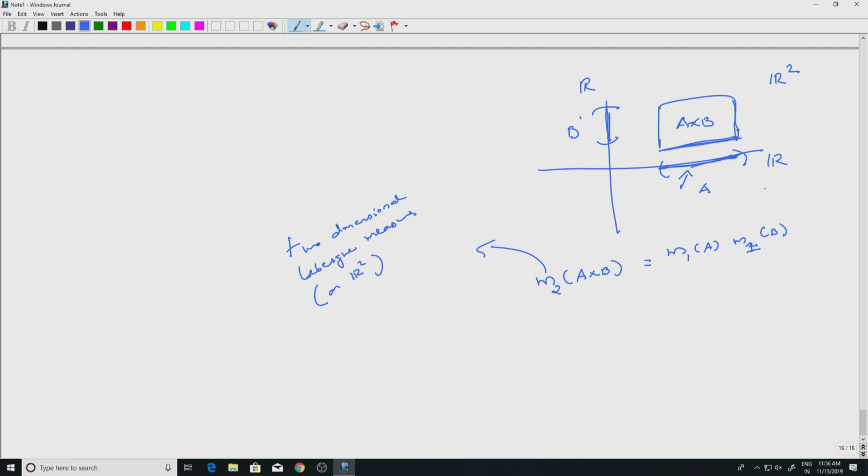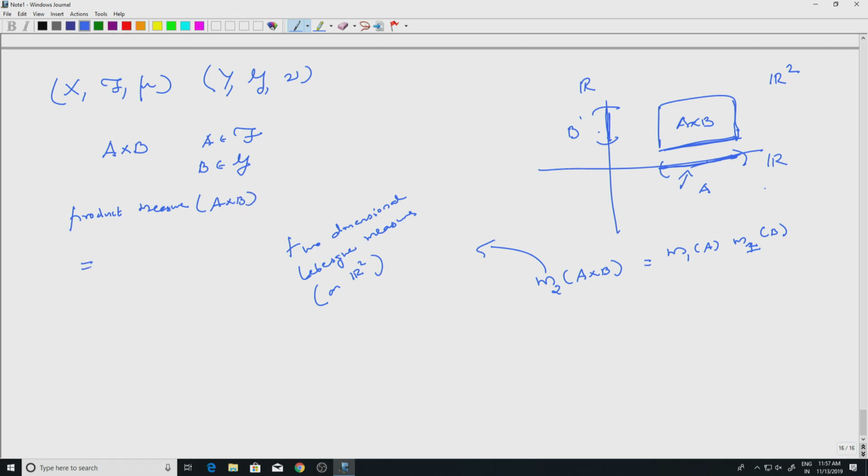And so this is what motivates the definition of the product measure. In general, if I have (X, F, mu) and (Y, G, nu), two measures, and I take a measurable rectangle A cross B, with A in script F and B in script G, then the product measure, whatever that means, we will define so that the product measure of A cross B is the product of each of them, that is, mu of A times nu of B. This is what it should be.